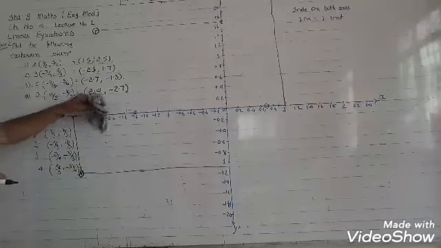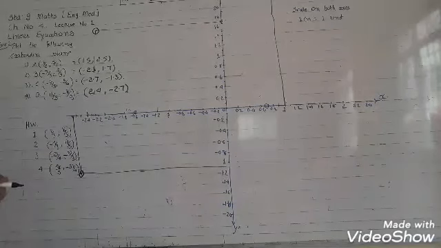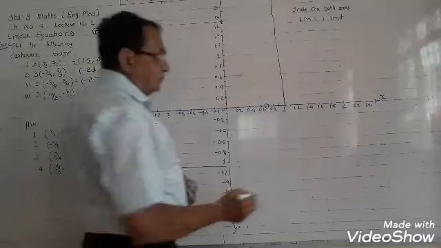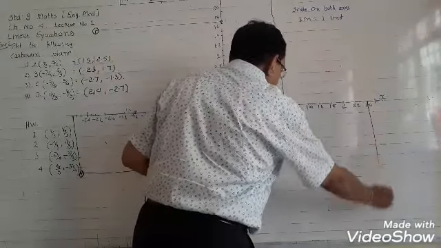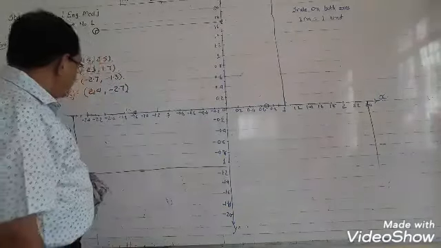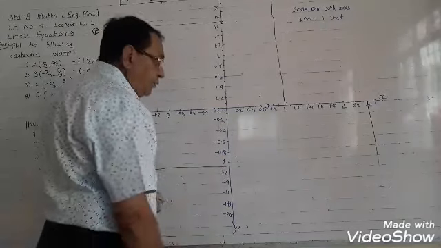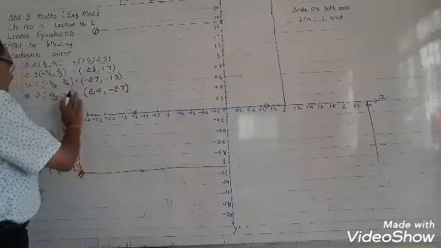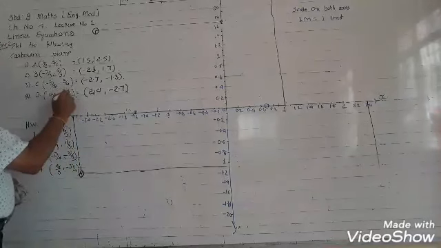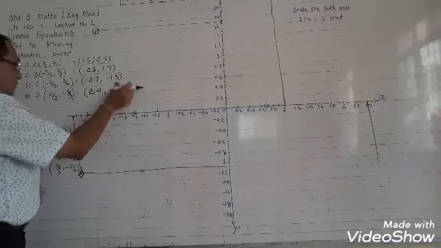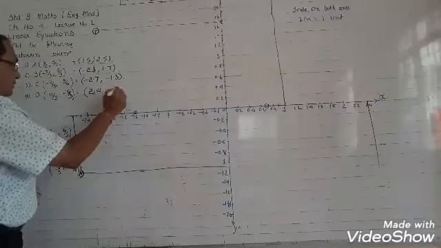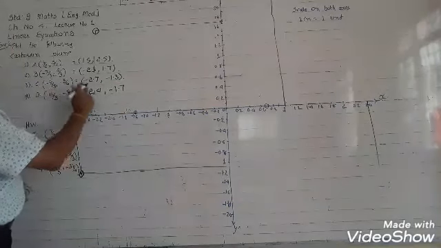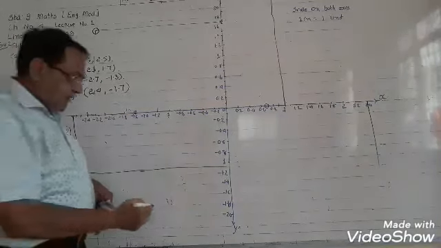Now 2.4: where is 2.4? It is up to here. 2.4 and minus 2.7 are also not included, so I will change this 5 upon 3, that is 1.7. Is minus 1.7 there?